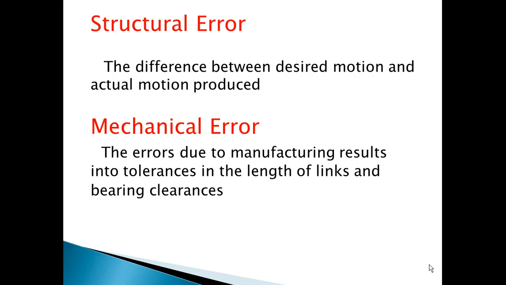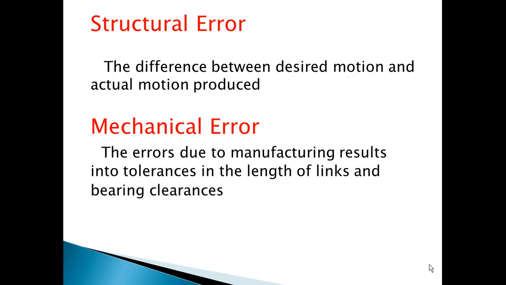There will be somewhat of a gap between the desired motion that we want to achieve and the actual path traced by the mechanism that you have designed. That difference is called structural error.